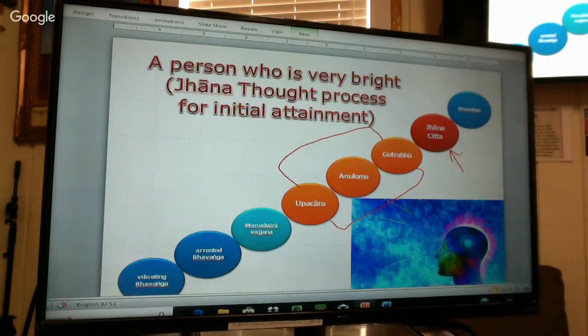Even one breath can take you there. But if there is no special practice, you go through the meditation thought process and take time to enter the first jhana stages. Understand? So it depends on your practice.